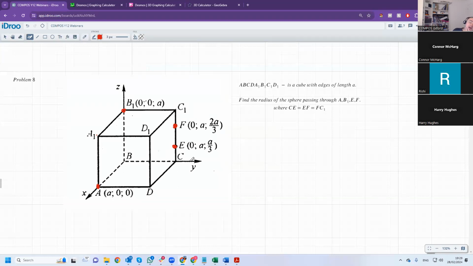And there's only one sphere that can pass through 4 points, right? So if you have 4 points, there's only one sphere passing through.